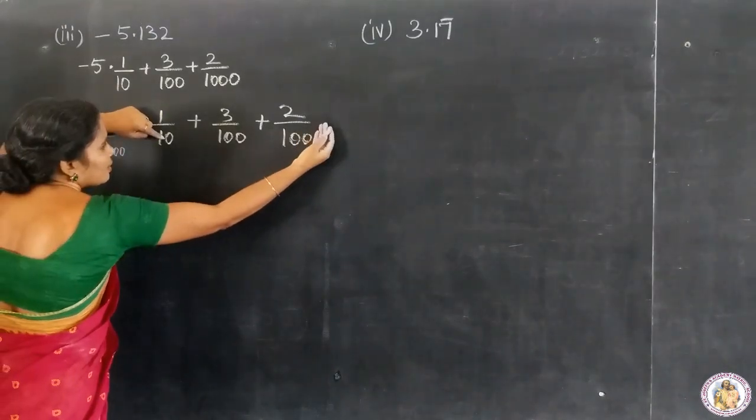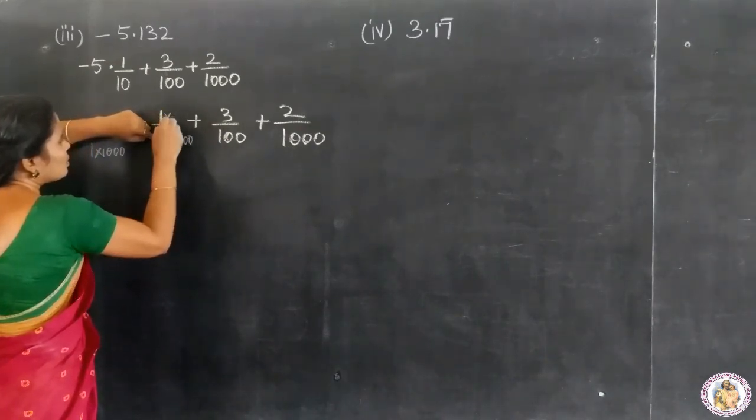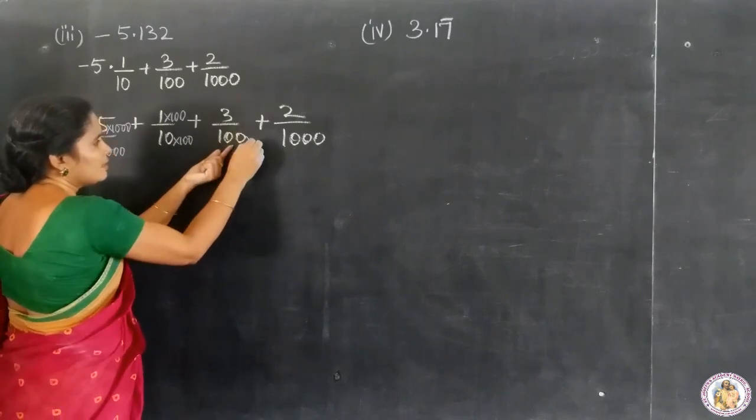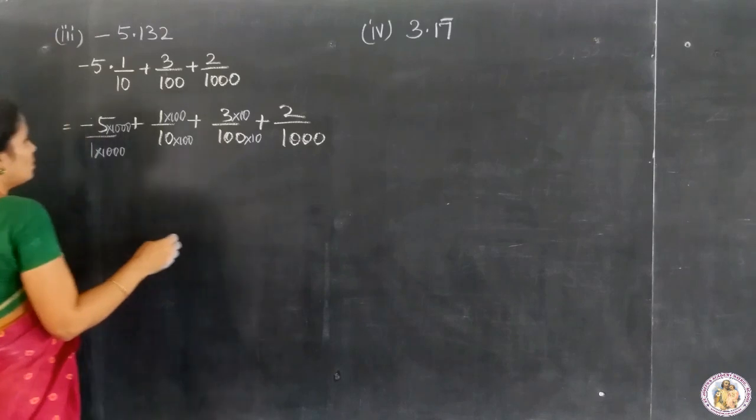To get 1000 from 10, you have to multiply with 100, both the numerator as well as the denominator. Already we have 100, so multiply by 10.